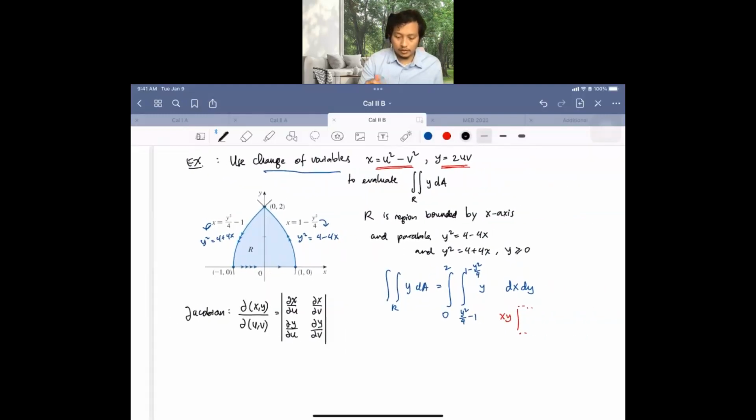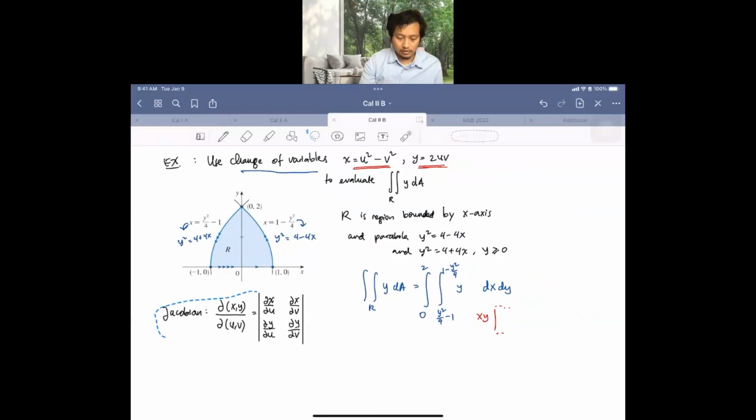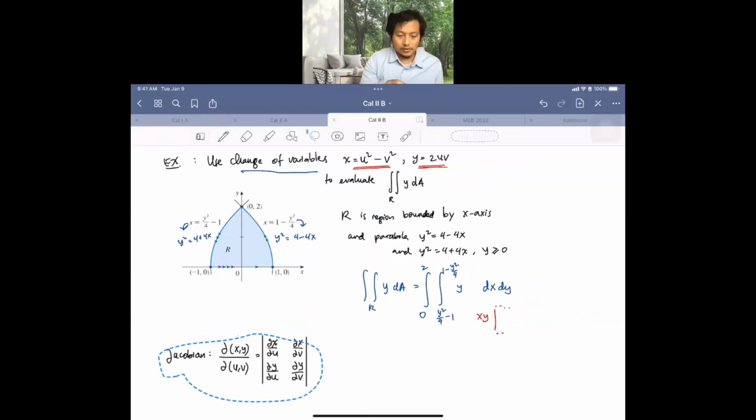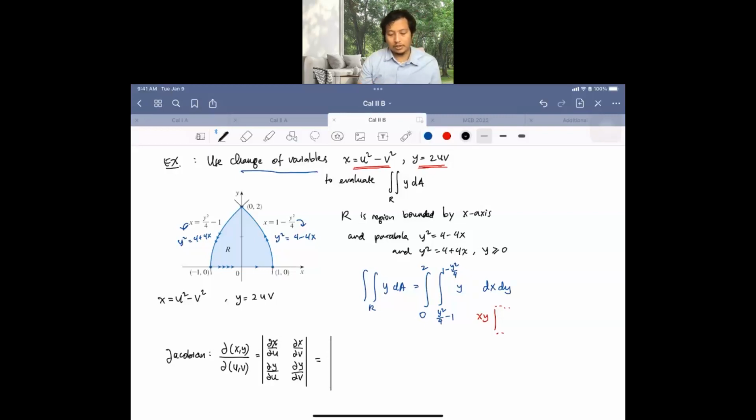And let me write all the functions. x equals u squared minus v squared, y equals 2uv. Okay, well, let's take the Jacobian. x with respect to u is 2u, and then this will be negative 2v, and dy will be 2v, 2u.